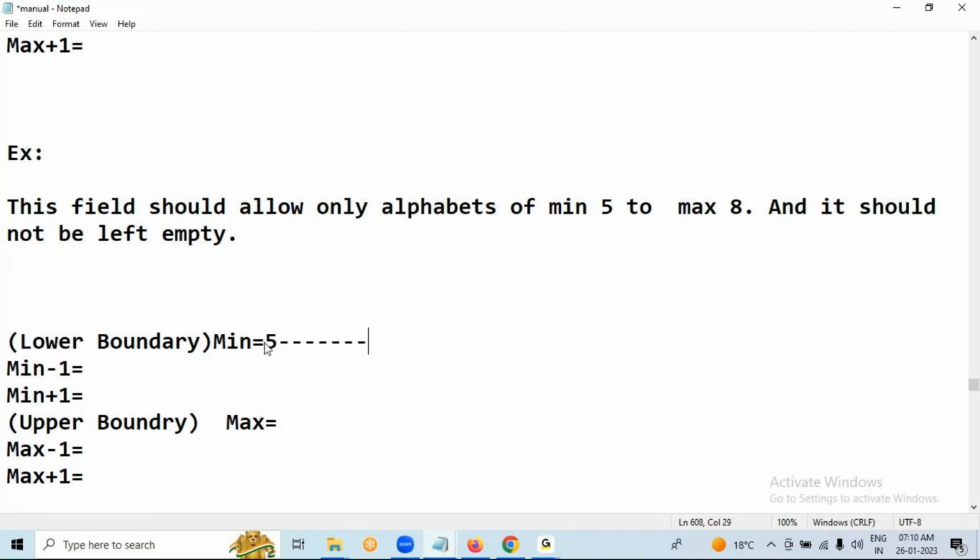What type of data do you need to give here? Name, alphabetical. Minimum alphabet should be 5 and maximum should be 8.